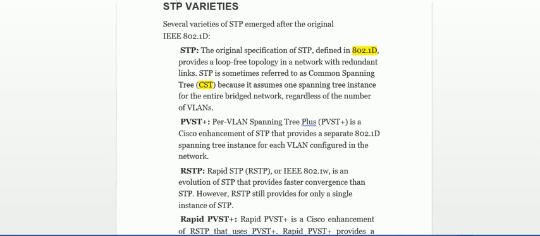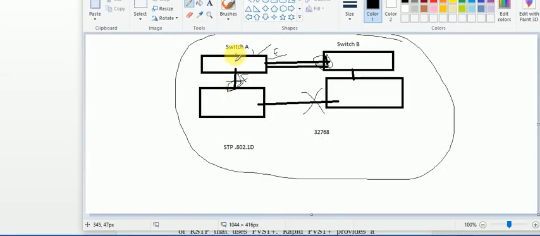Assume that in this switch we have two VLANs, VLAN A and VLAN B, and in this switch also we have VLAN A and VLAN B. PVST will implement STP for VLAN A and for VLAN B, so STP is implemented for each VLAN configuration.